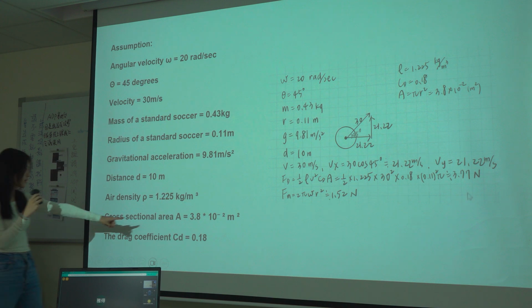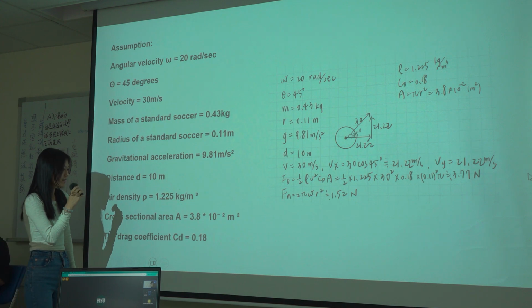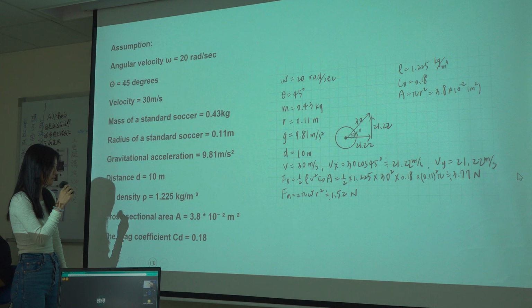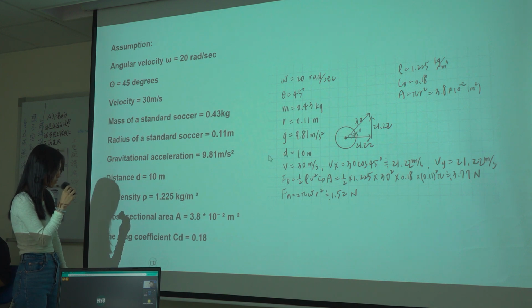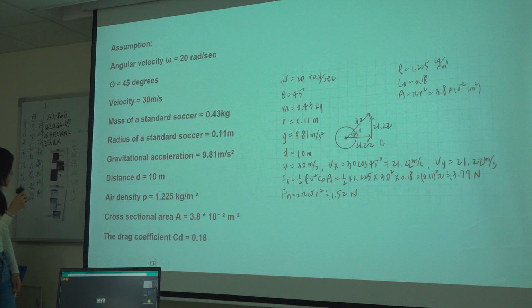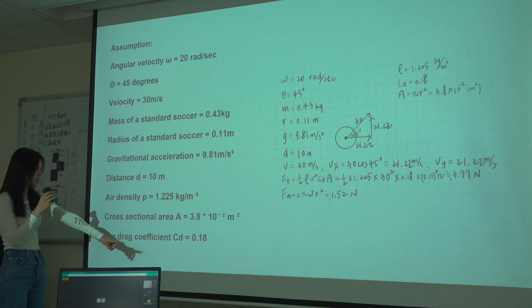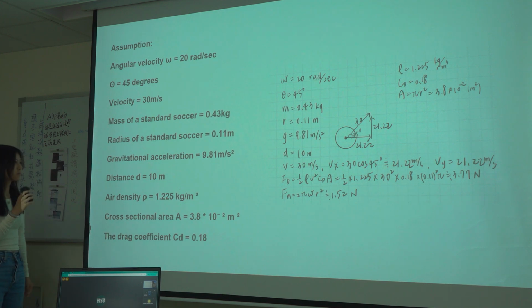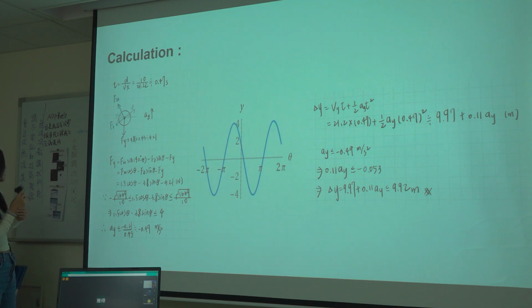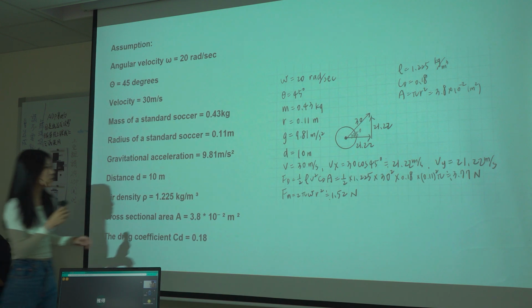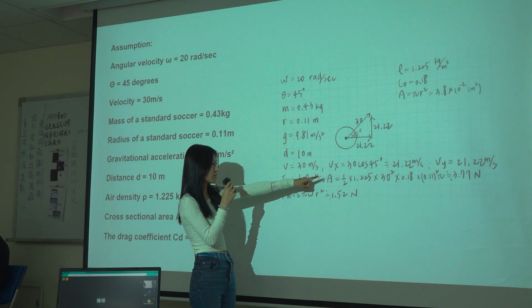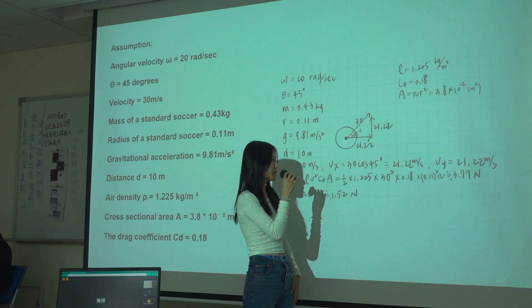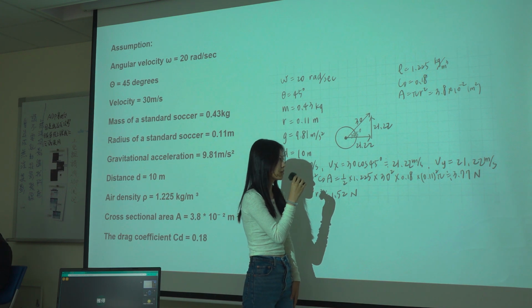The cross-sectional area is 3.5 times 10 to the negative 2 power, and the drag coefficient is 0.18. And I see the last page. We have Vx is about 21.22, and Vy.